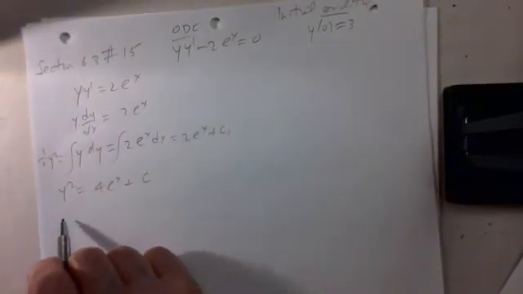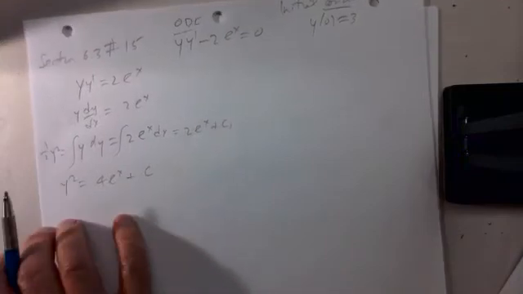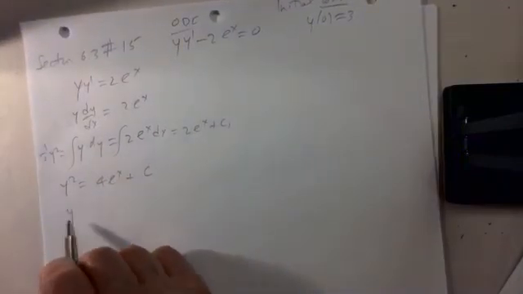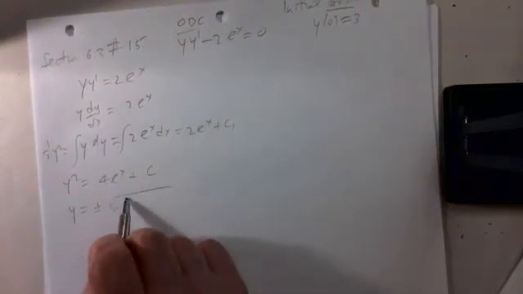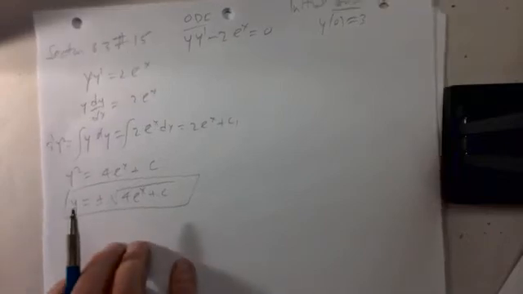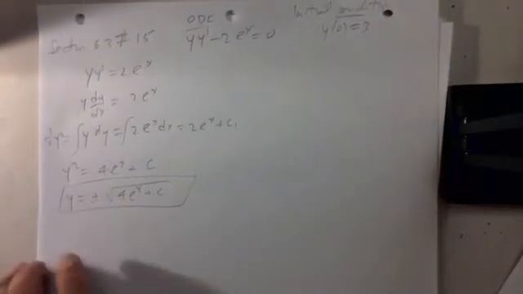So y is plus or minus the square root of 4e to the x plus c. So if this is correct, this is the general solution to the differential equation. Let's just check.